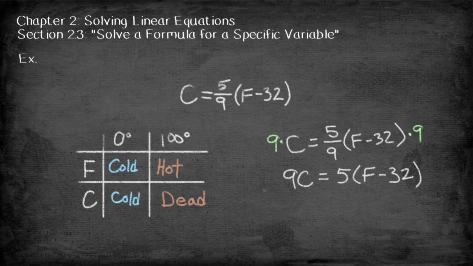And here we can simplify using the distributive property, which is some good practice. And we have 9c equals 5f minus 160.